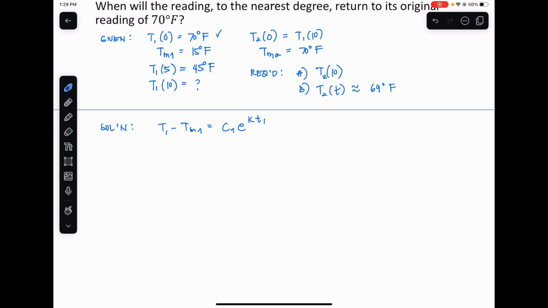It's different for C, which depends on the temperature of the body and the medium as well. So for problems involving a change in the medium, take note that K is constant. The value of the proportionality constant K doesn't change.